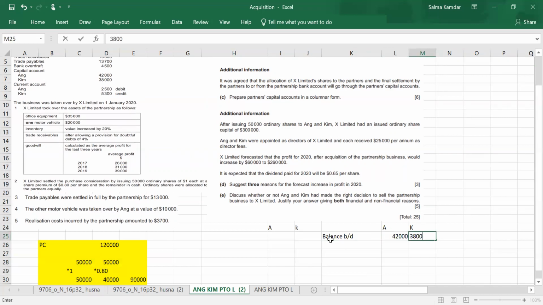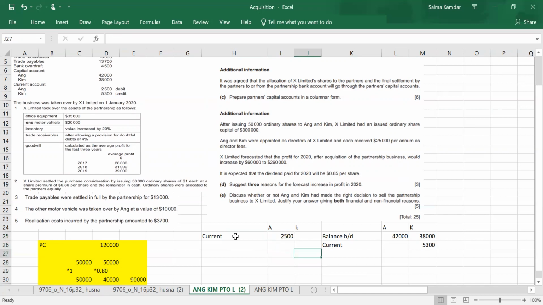Of Kim, it is 38,000. The current account balance of Kim is credit 5,300 and of Ang is debit 2,500.